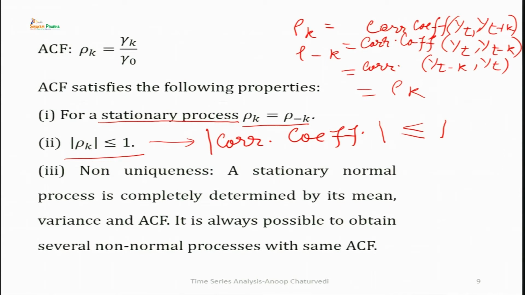But it is always possible to obtain several non-normal processes with the same ACF. So, if you relax the condition of normality, then you may find more than one process having the same ACF.